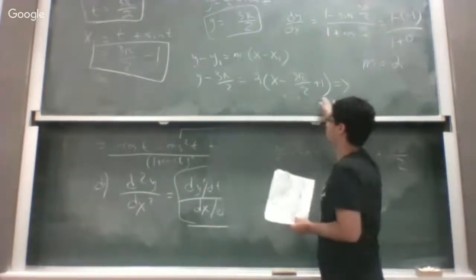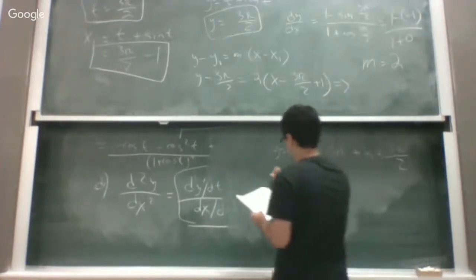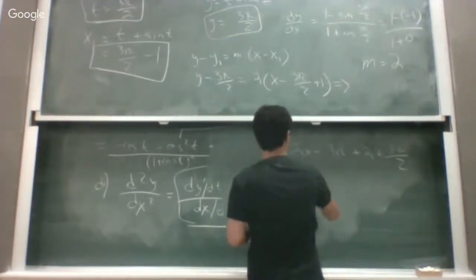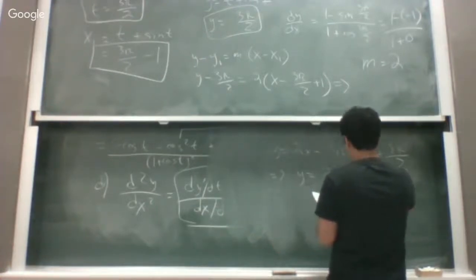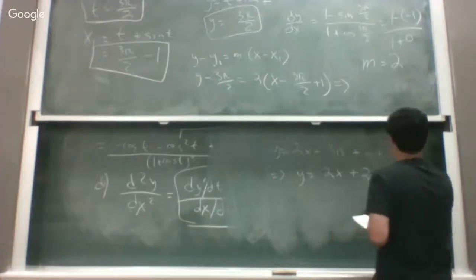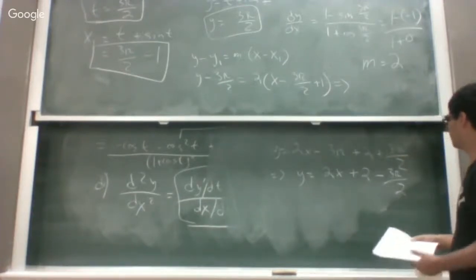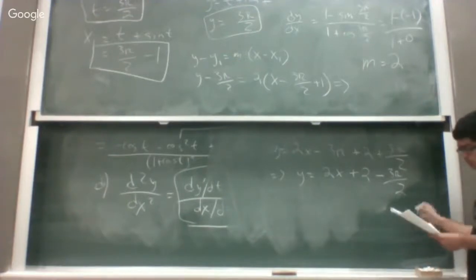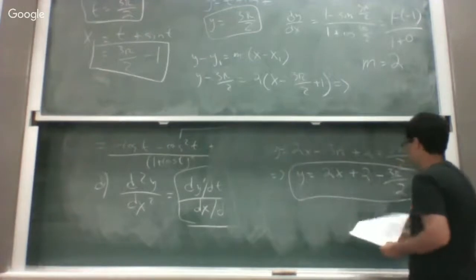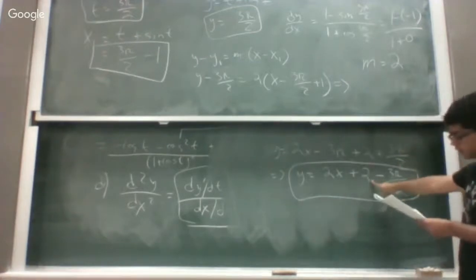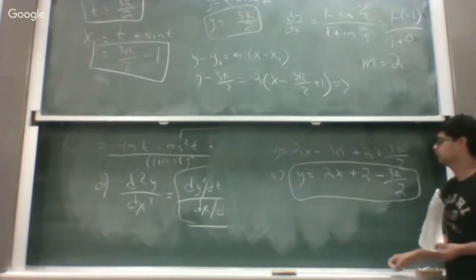When you multiply this out and bring the 3 pi over 2 to the other side, and then simplify, you get y is equal to 2x plus 2 minus 3 pi over 2. So you can leave this as your answer, or you can simplify it by multiplying the 2 by a 2, so it's 4 minus 3 pi, all over 2.